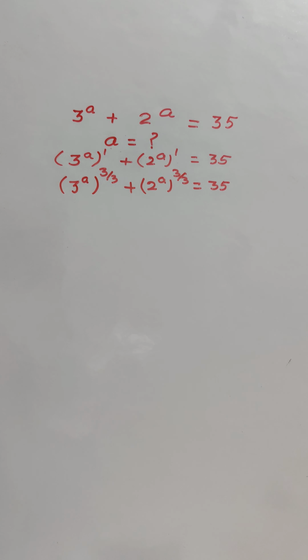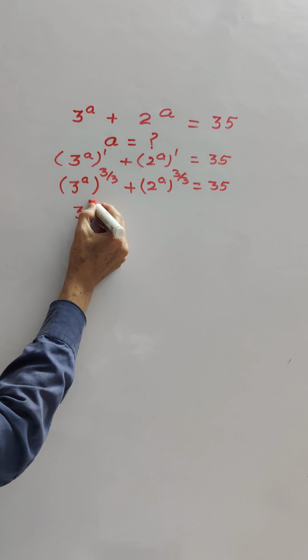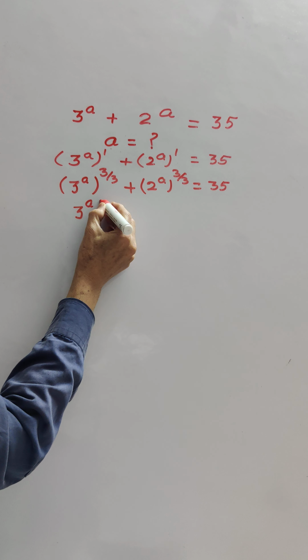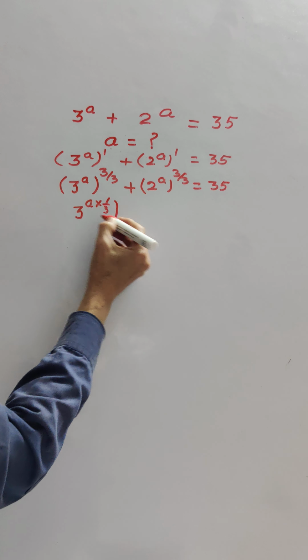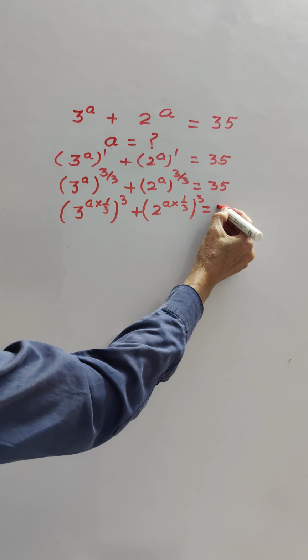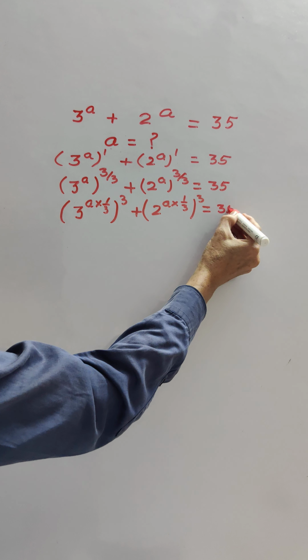This can be written as, इसे हम ऐसे भी लिख सकते हैं 3 power a into 1 upon 3 power 3 plus 2 power a into 1 upon 3 power 3 by using the law of exponents is equal to 35.